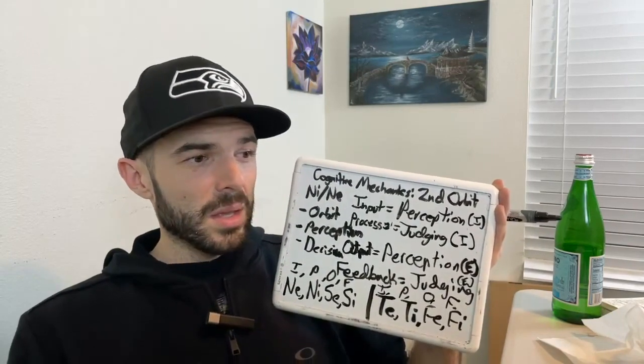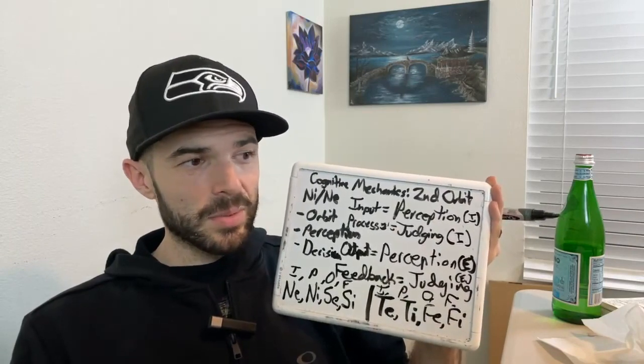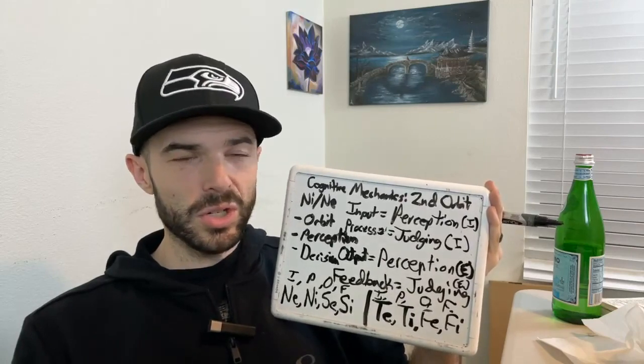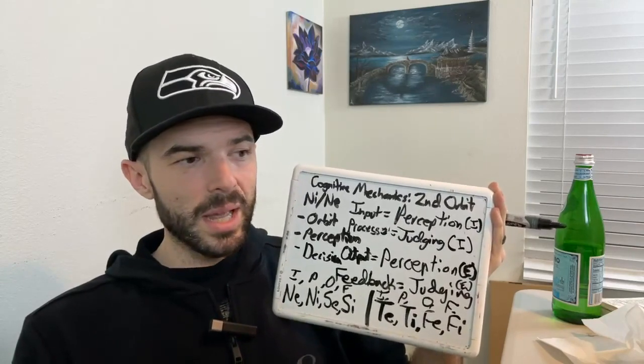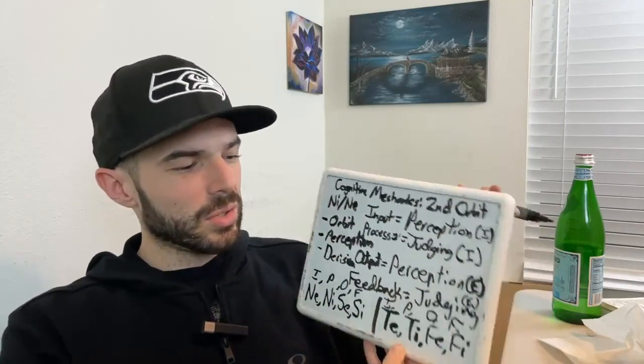Okay. So remember, judging functions just organize and process data, and perception functions gather and share data, basically. So judging functions have an input and an output, and perception functions have an input and output, which means you can actually literally reduce the human brain to binary. You can literally reduce all of it to I/O.